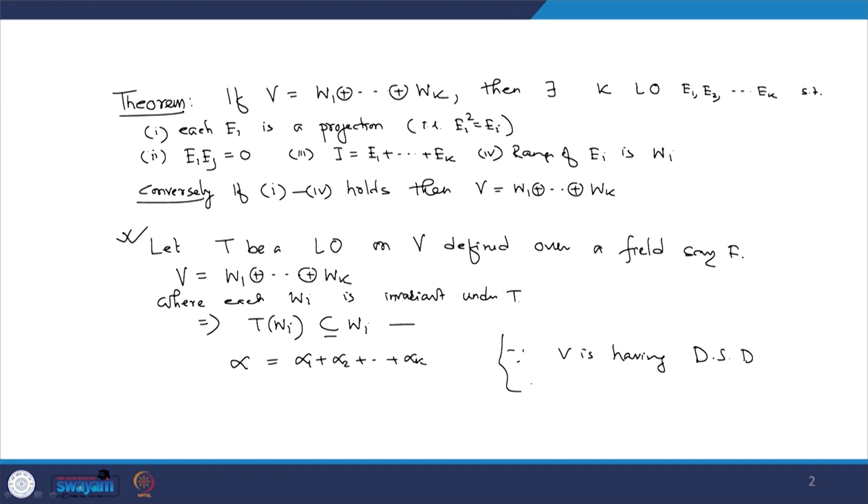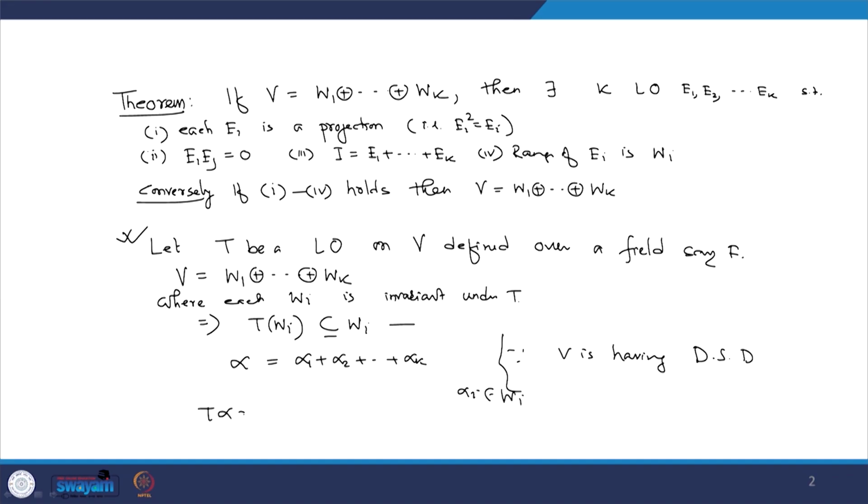This is a consequence of the criteria already stated in the above theorem. So, I equals E1 plus E2 plus Ek, and from that also I can have it, where alpha i belongs to Wi.